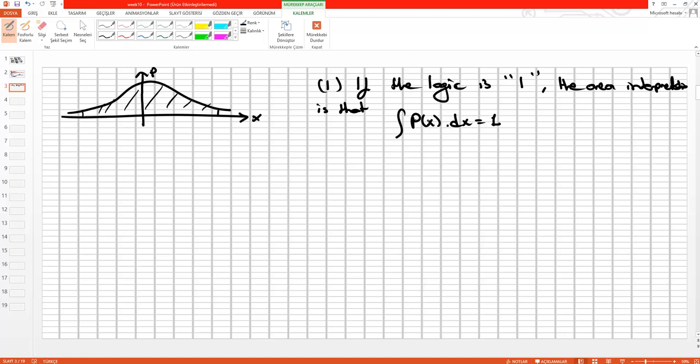Okay, because if we have all the chance for given events, these events must provide this area, and so the integral of this area must be equal to 100% for any given data. Right? Do you understand that?